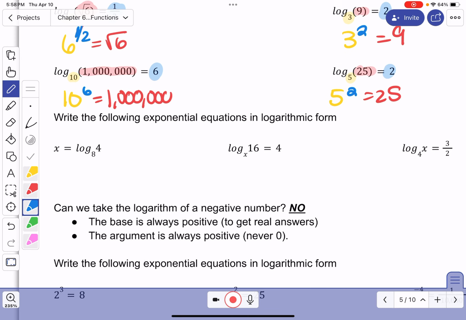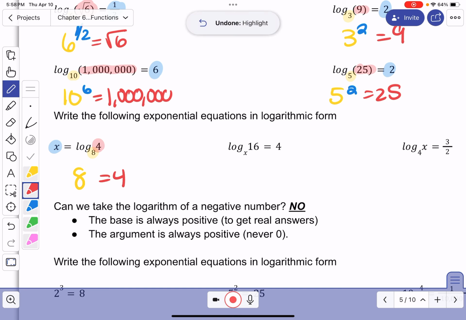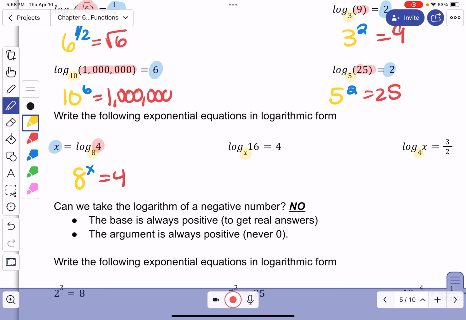So let's do some with x's, not that it's any different. Base is 8. The argument becomes the answer. And then the x is the exponent. All right, let's do the same thing. Base.